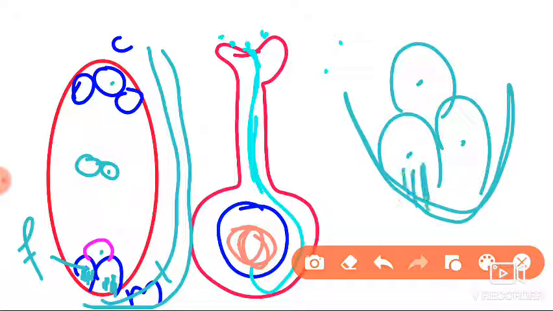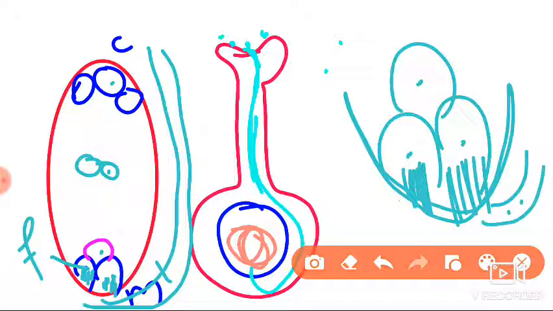Here you can find the filiform apparatus. When the pollen tube reaches here, it contains 2 gametes, and the filiform apparatus guides the pollen tube and it releases the gametes, which reach the synergid cell.